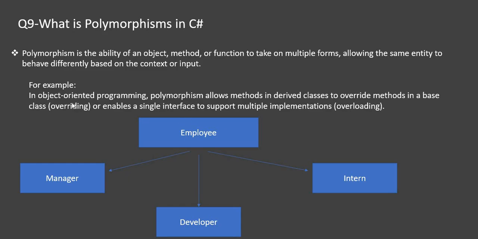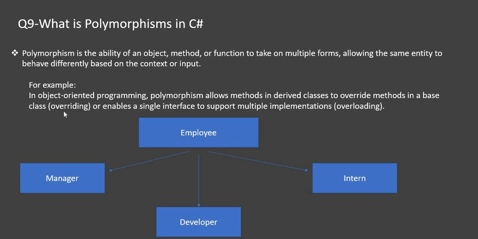There are two types of polymorphism: runtime polymorphism and compile time polymorphism. Runtime polymorphism we can achieve with method overriding in C#. Compile time polymorphism we can achieve with method overloading.